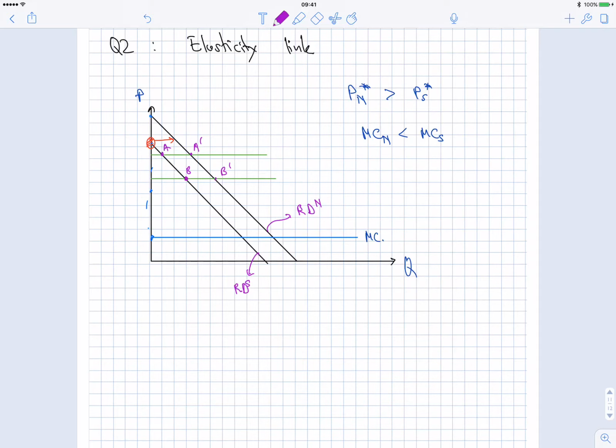If you look at the absolute value of the price elasticity of demand at point A, and you compare this with the price elasticity of demand at point A prime, which of these two absolute values would be larger? And how could you figure that out?